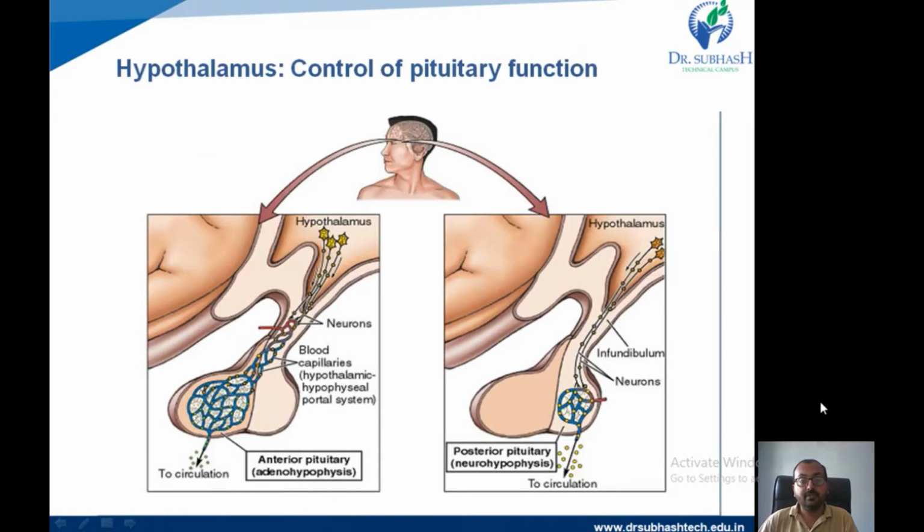Here we can say that the hypothalamus has direct control over both lobes of the pituitary gland, anterior as well as posterior. Here the major role belongs to the nervous system, that is neurons.